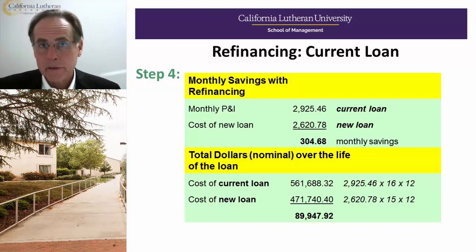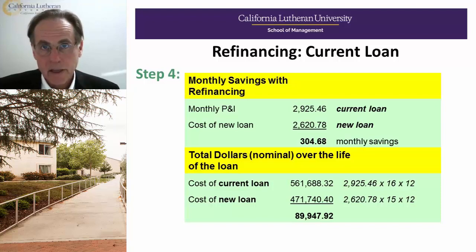Maybe even more impressive is to see what is the total savings over the term of the loan. Now, the cost of the current loan still is 16 years, so that's 16 times 12 months times the 2925.46 means there's a remaining cost of $461,688.32. The cost of the new loan, again, now that was a lower monthly amount, $2,620.78. In this case, there's 15 years and, of course, 12 periods per year.